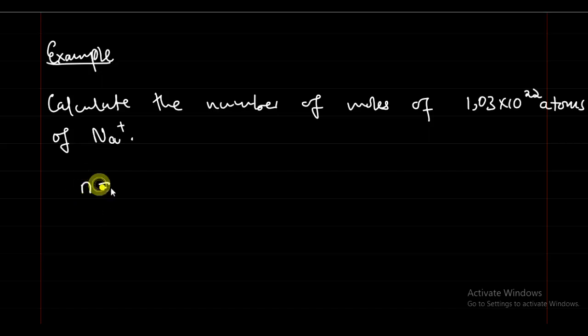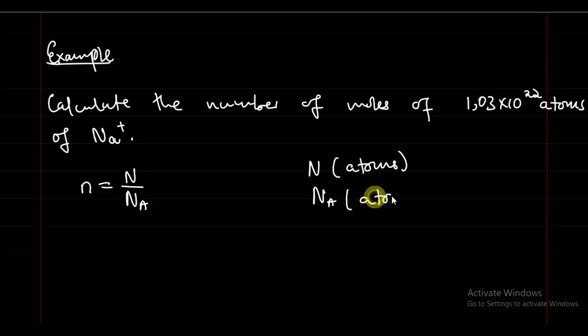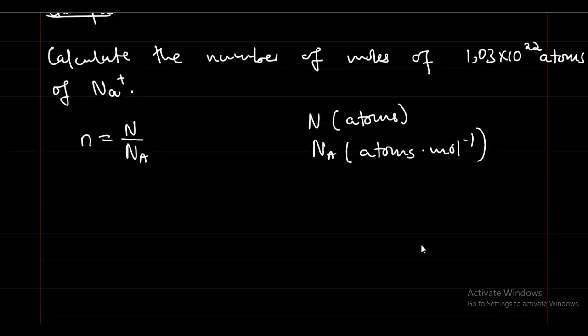So now what are you going to do? You say n is equal to the number of atoms divided by Avogadro's number. The unit of the number of atoms is atoms, and Na, the unit is atoms per mole.